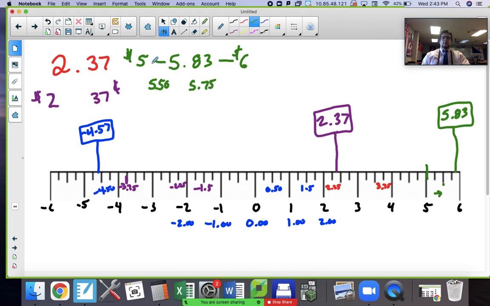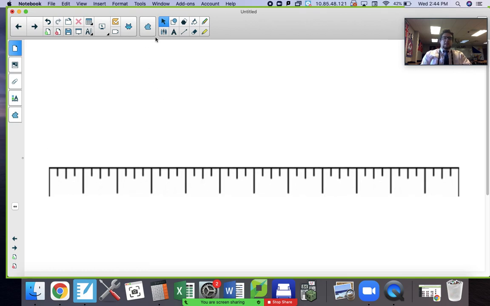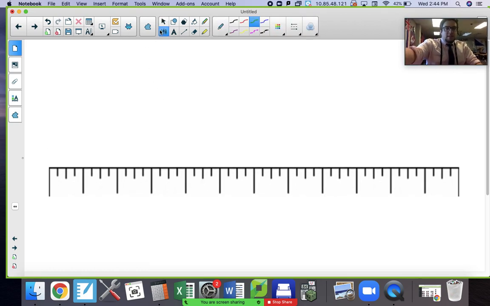One last way that you can visualize a number line if it helps you, because decimals can sometimes be kind of tricky. I'm going to go to my next page, drop another number line. Decimals are really just bigger numbers with decimal points.